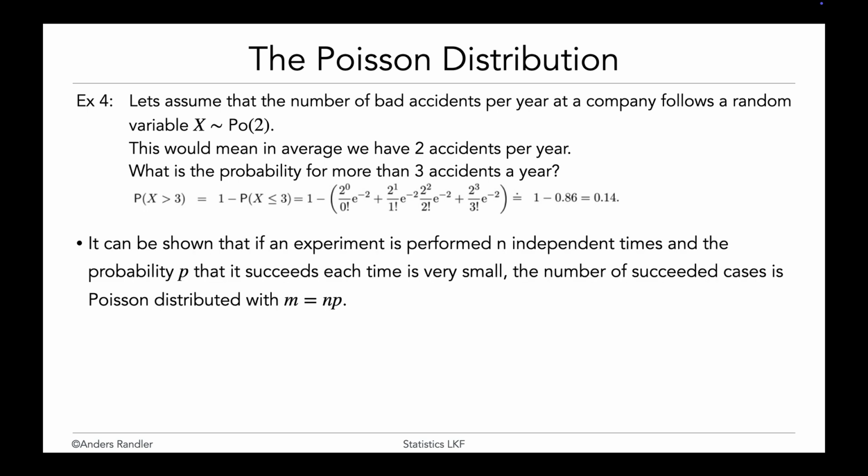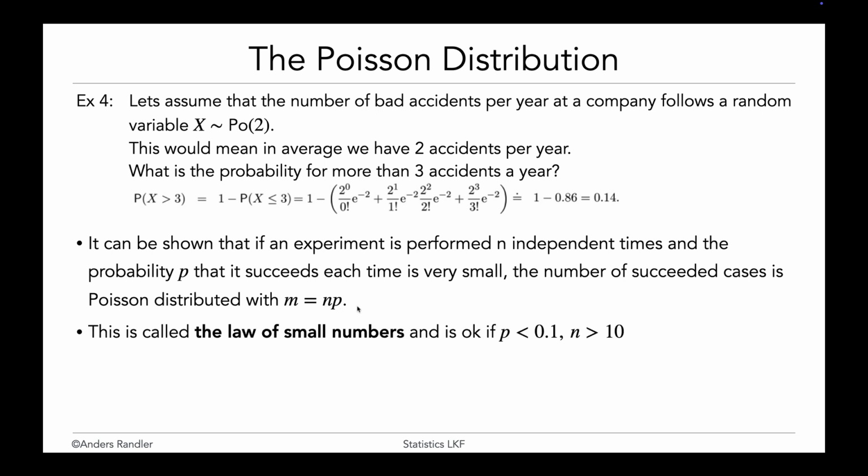Also, it can be interesting to know that it can be shown that if an experiment is performed n independent times, and the probability that it succeeds each time is very, very small, the number of succeeded cases is approximately Poisson distributed with m equals n times p.